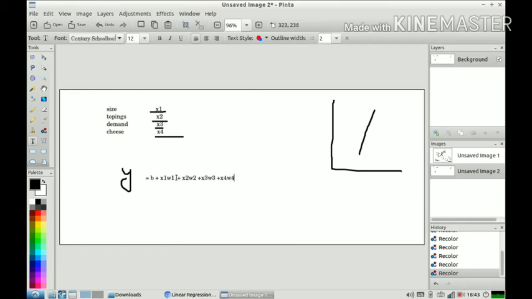x1, x2, x3, and x4 are our features, and w1, w2, w3, w4 are our slopes in that specific dimension. x1 is one dimension, x2 is another dimension. Every feature becomes a dimension. For that feature, what is the slope? How much is that feature impacting y?